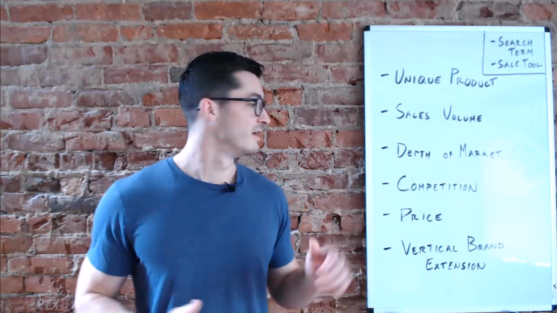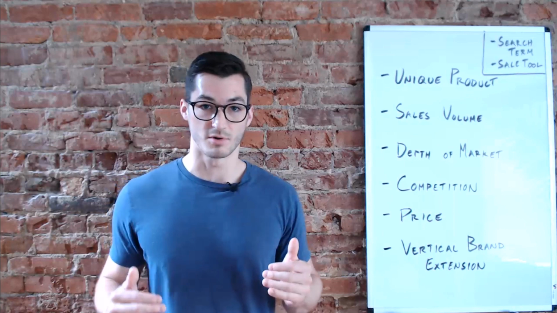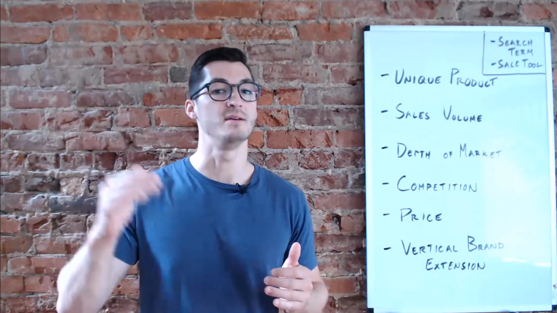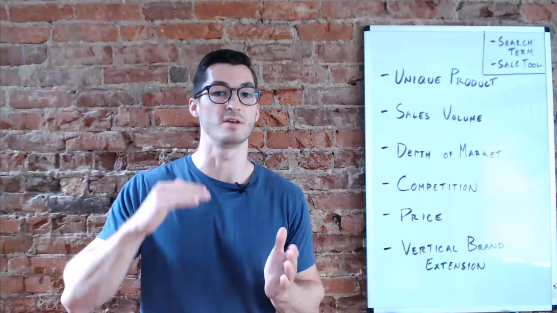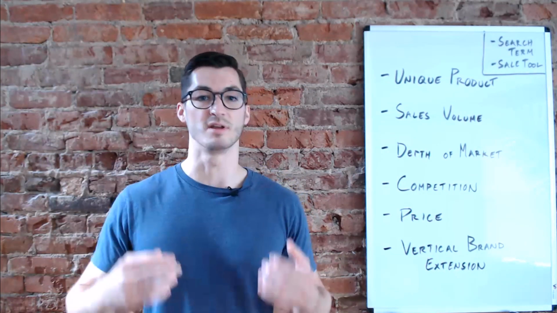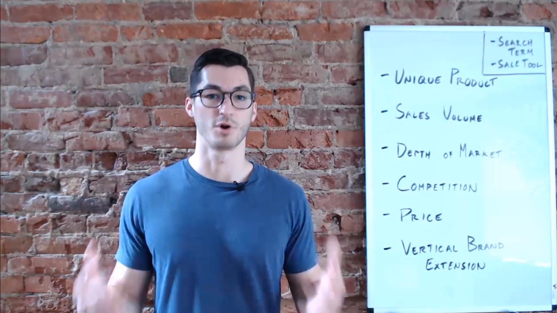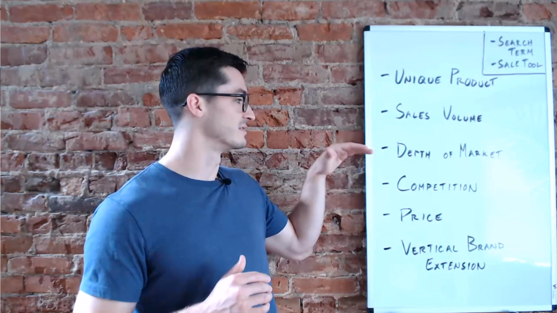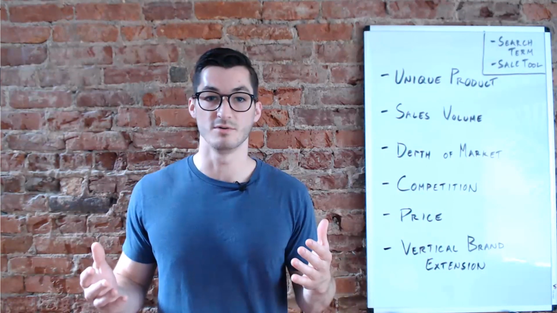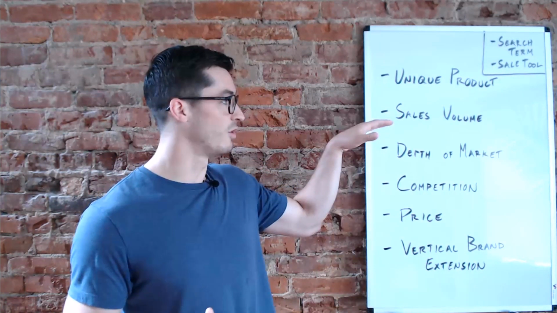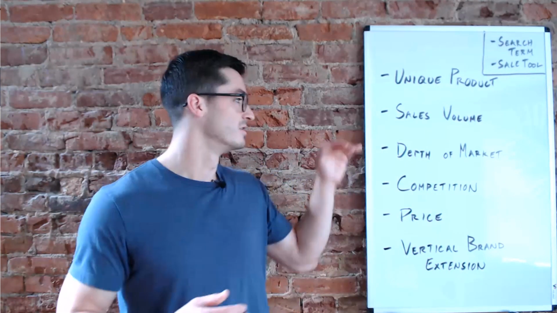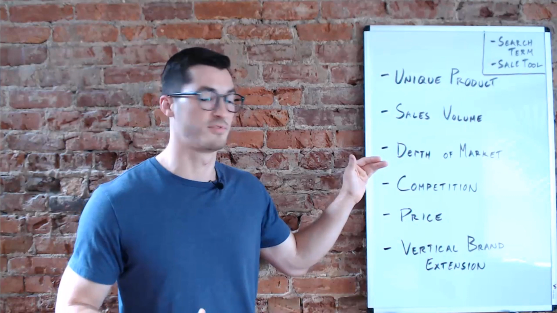If they are, that means there's good depth in the market, and if we are able to outcompete one of those sellers and place ourselves within that top 10, we will also be doing 200 units per month. That would be an example of good depth of market. And if they're all doing 200 units per month, then your total sales volume for that niche category is going to be 2,000. So it'll have good volume and good depth of market.